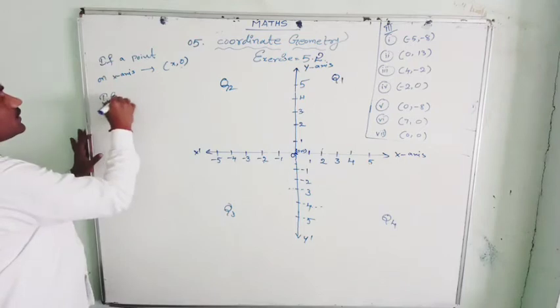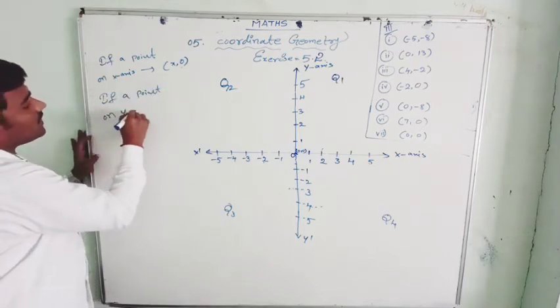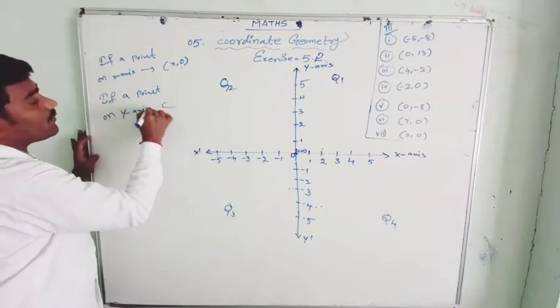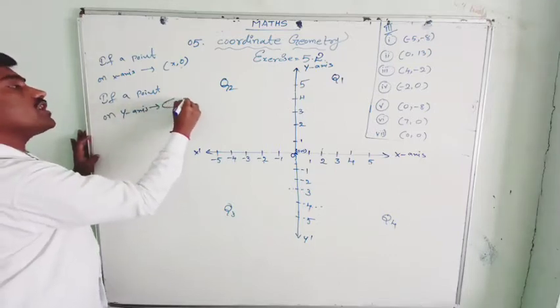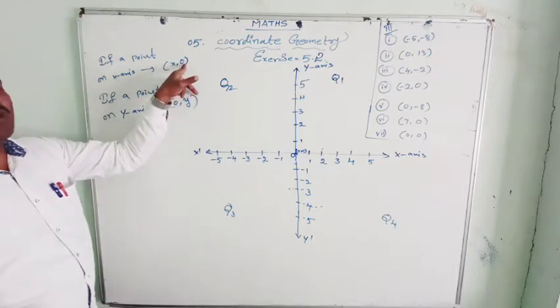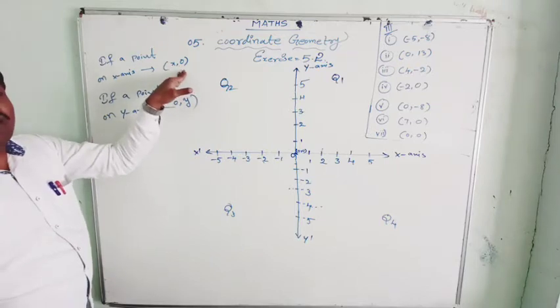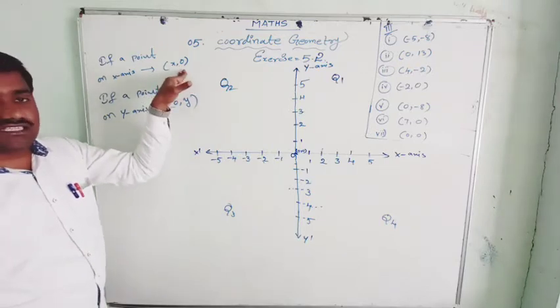And if a point is on the y axis, then the x coordinate is 0. Here the y value is 0: x comma 0. This is the general form of a point which lies on the x axis.